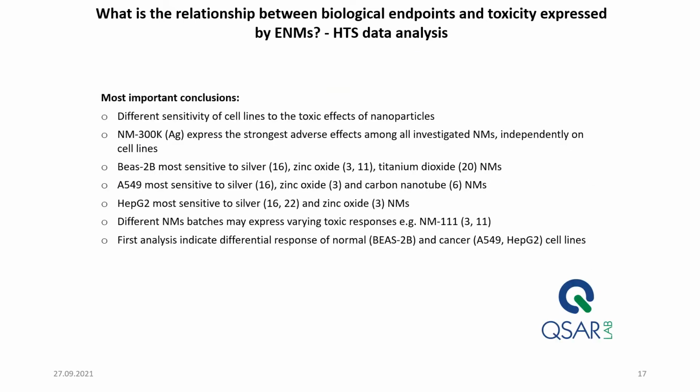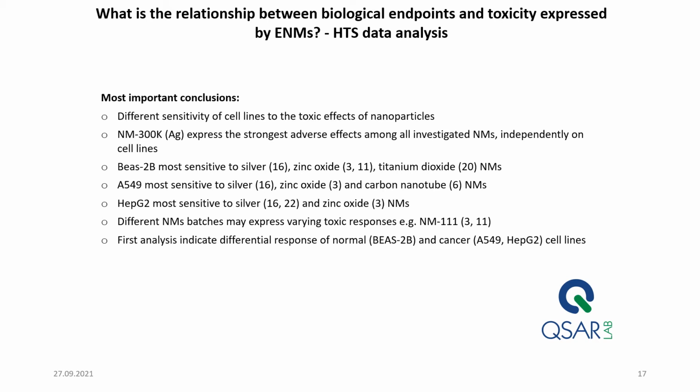So what is the relationship between the biological endpoint and the toxicity expressed by the ENM, the result of the high throughput data analysis? We discover that there's different sensitivity of cell lines to the toxic effect of nanoparticles. And NM300K expressed the strongest adverse effect among all investigated NM independently of the cell line.